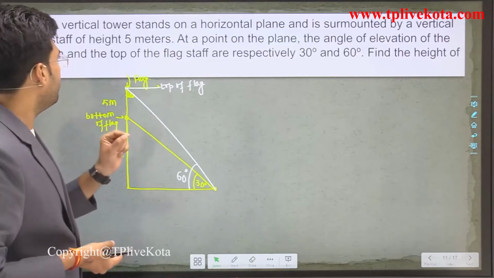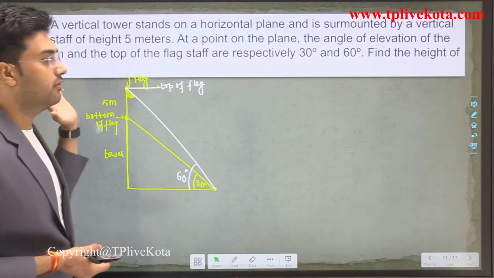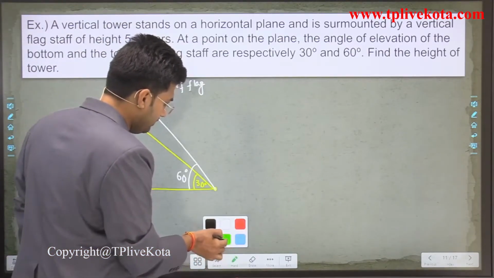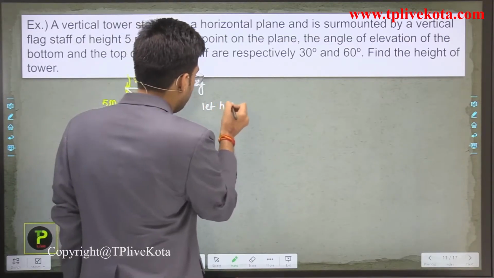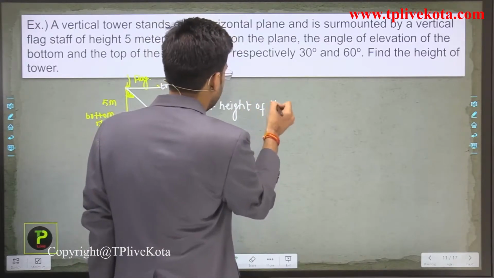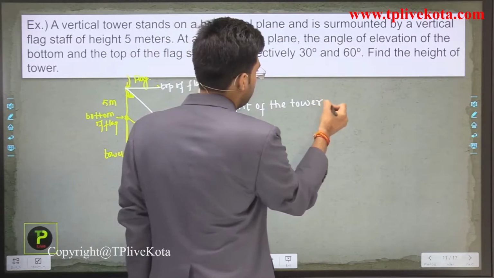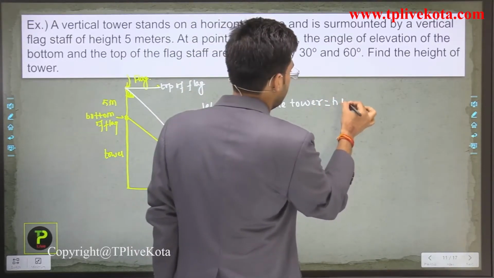Now we have to find the height of the tower. So first of all, we have to assume, let the height of the tower be h meter.